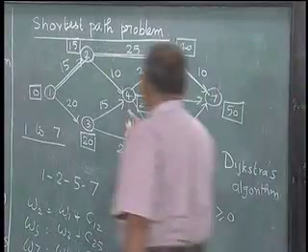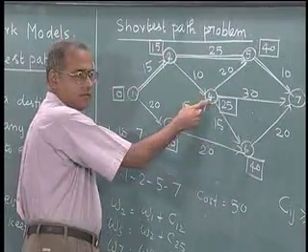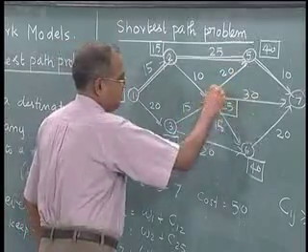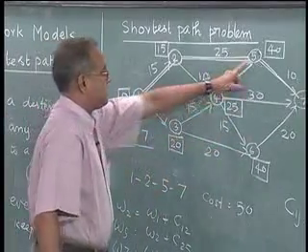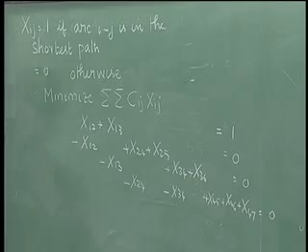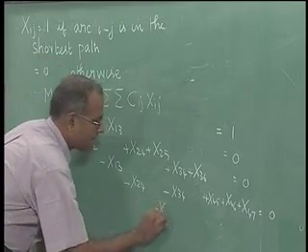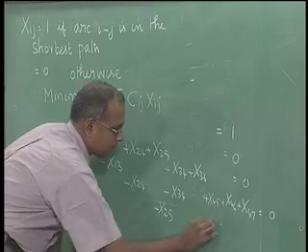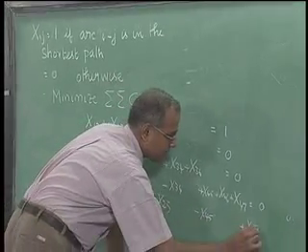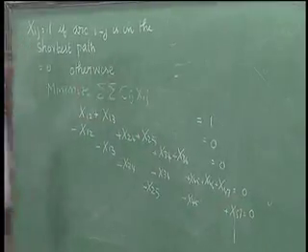Remember, there are 5 arcs associated with this node, 2 of them enter this node and 3 of them leave this node. For 5, there are 3 arcs associated. So, you get minus x25 minus x45 plus x57 equal to 0.